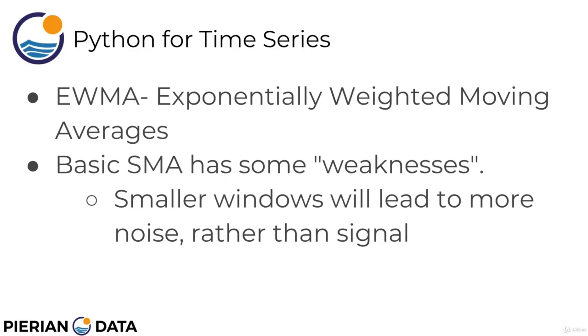Some of those weaknesses are that in basic SMA, smaller windows will lead to more noise rather than signal. It's hard to balance the window size, because as you go smaller, you are being more accurate as far as what you're able to model from that generalized time series, but you start picking up more and more noise.